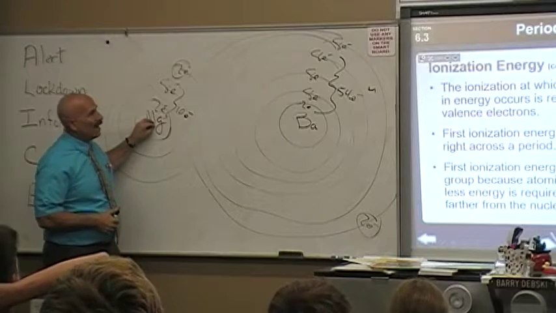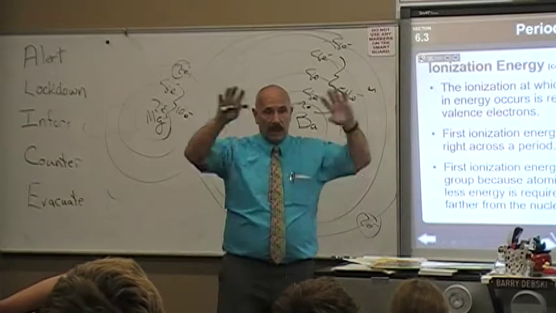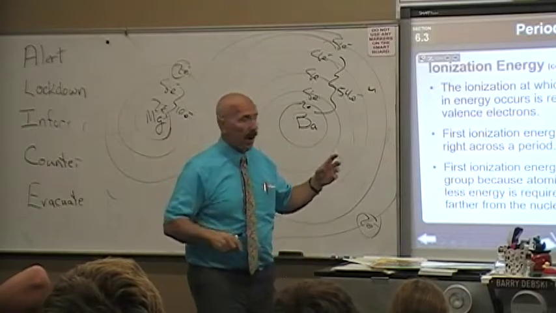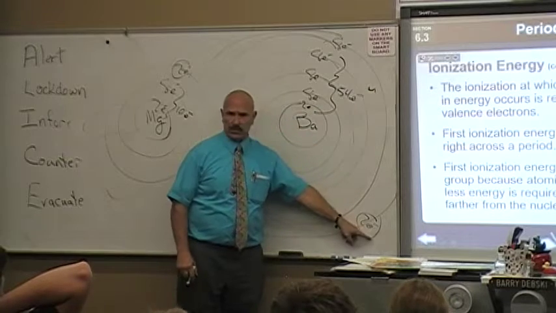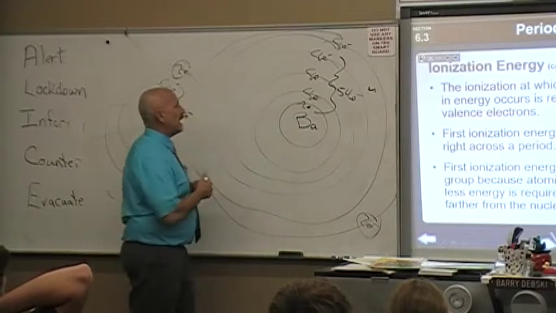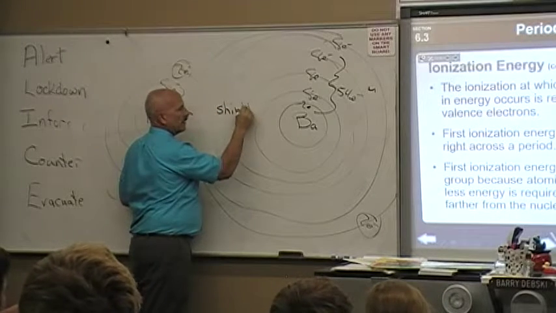I got 54 electrons here in the way, blocking the attraction of these protons on those 2 electrons way over there. This has a name, and it's called the shielding effect.